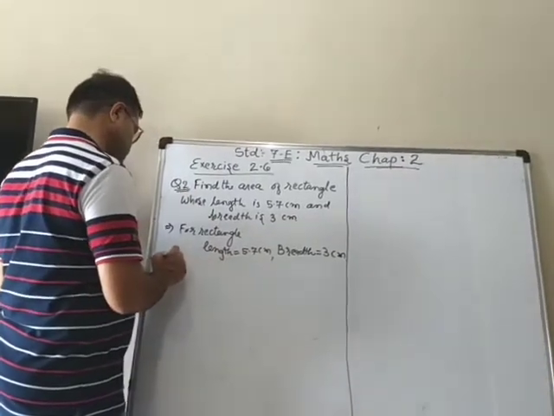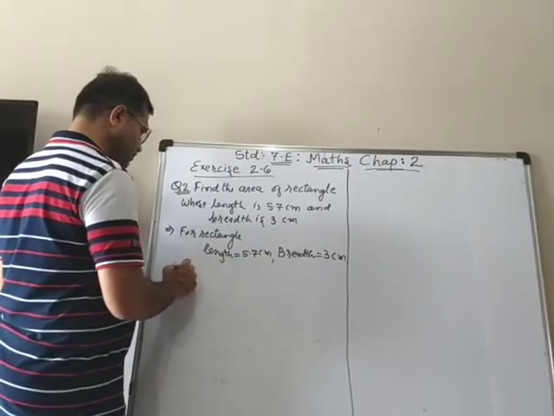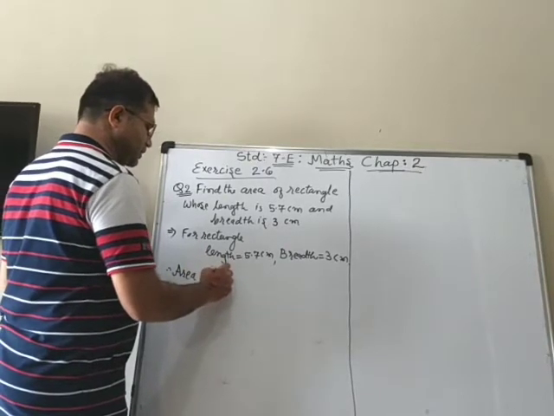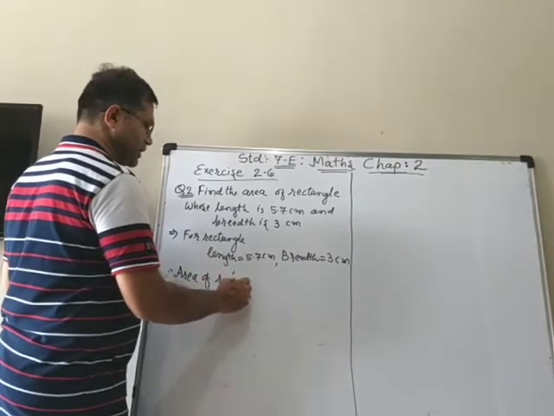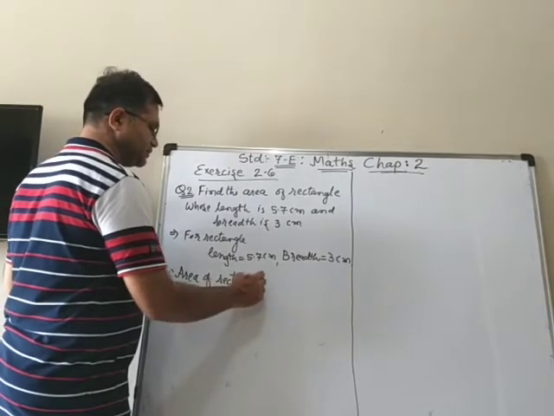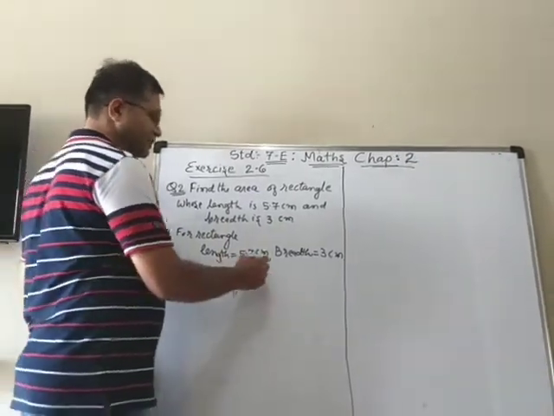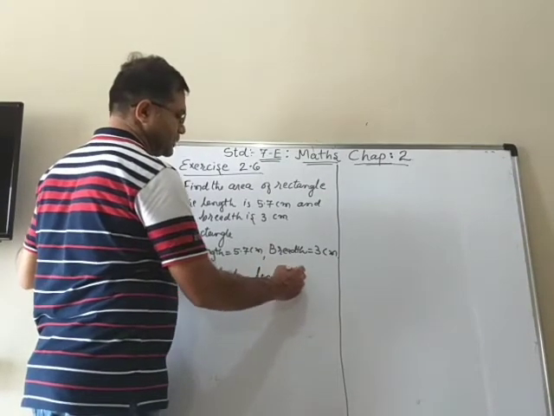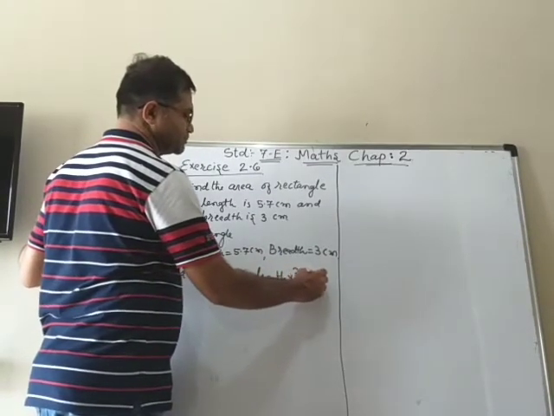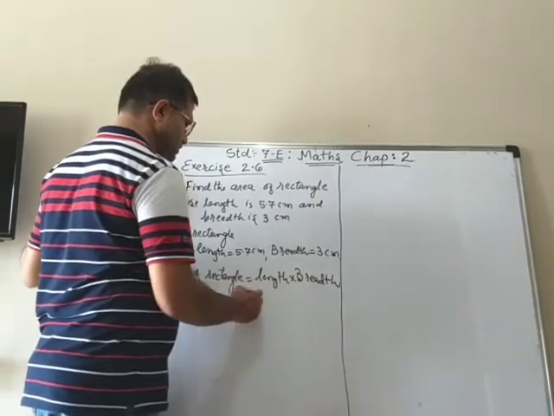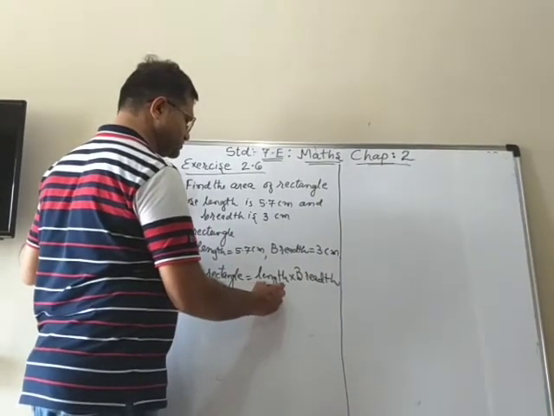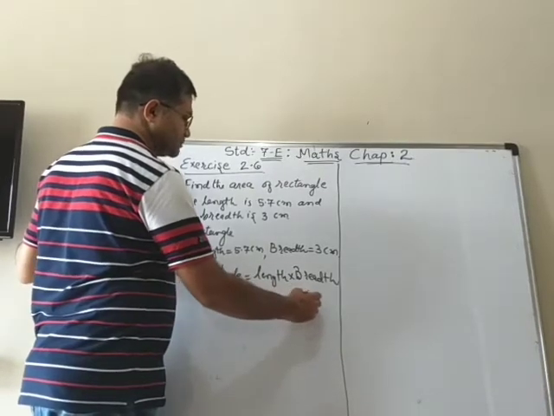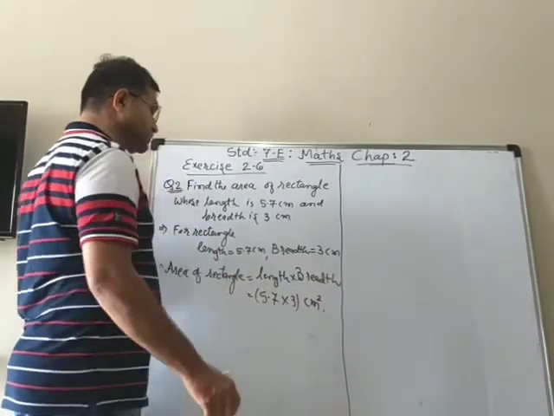Now, formula: area of rectangle, as we learn in the lower standard, the area of rectangle is equal to length multiplied by breadth is equal to 5.7 multiplied by 3 centimeter square.